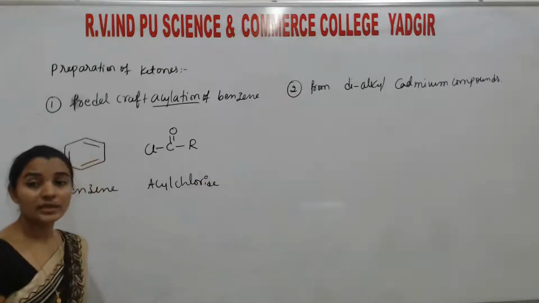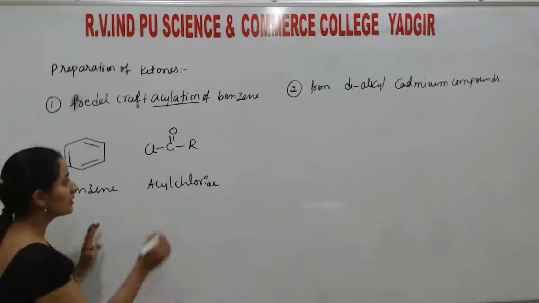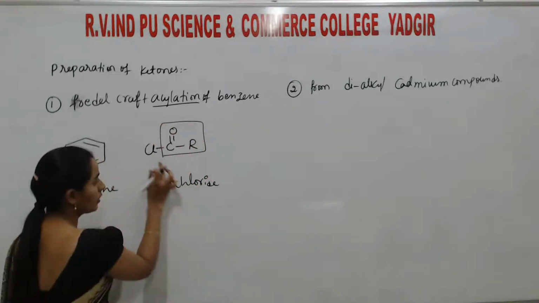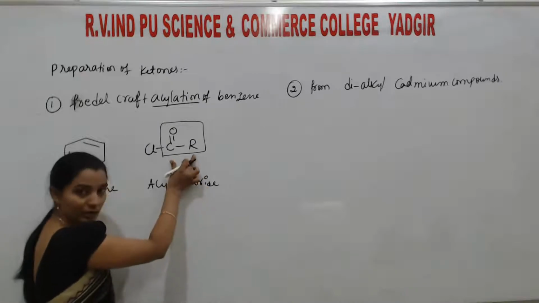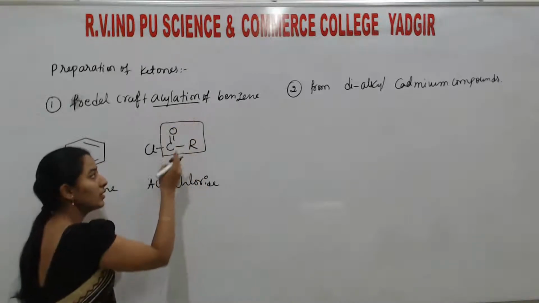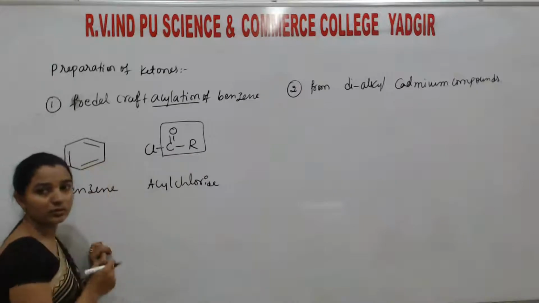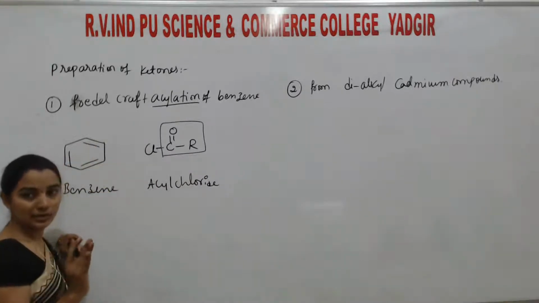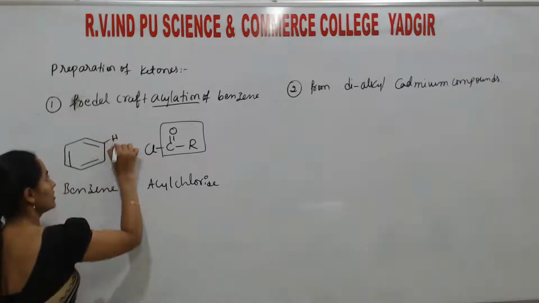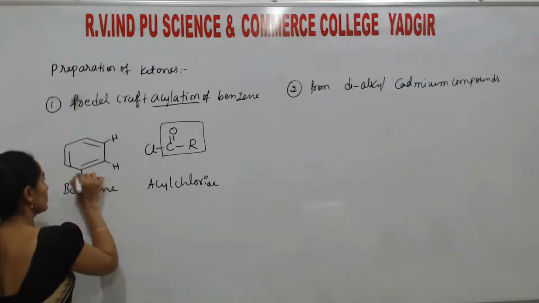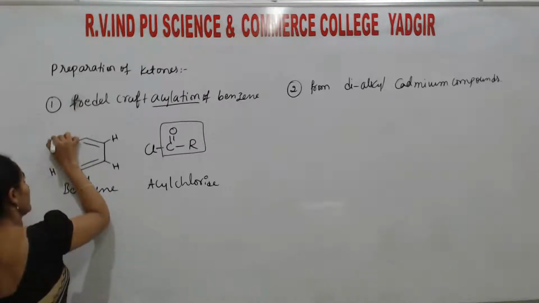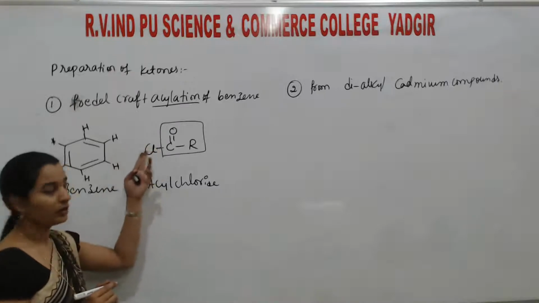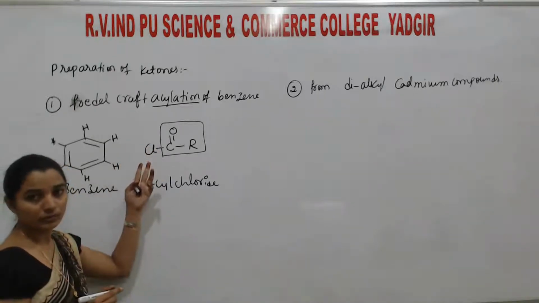Okay? Acylation takes place. Acyl means this group. Acylation means this group is going to attach to this. Here benzene means C6H6. Each carbon atom consists of hydrogen also. Correct? Then of course what happens here? HCl is going to be removed.